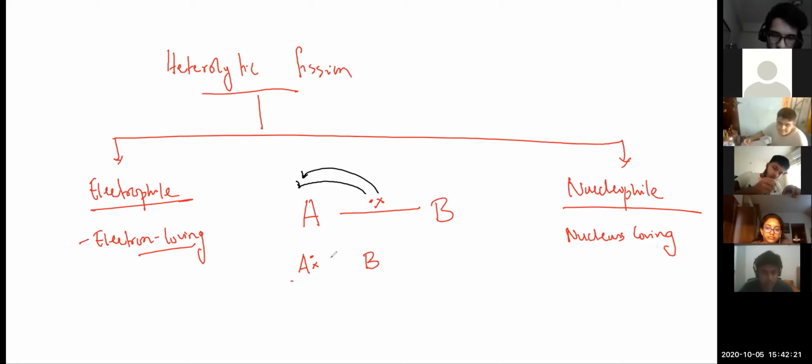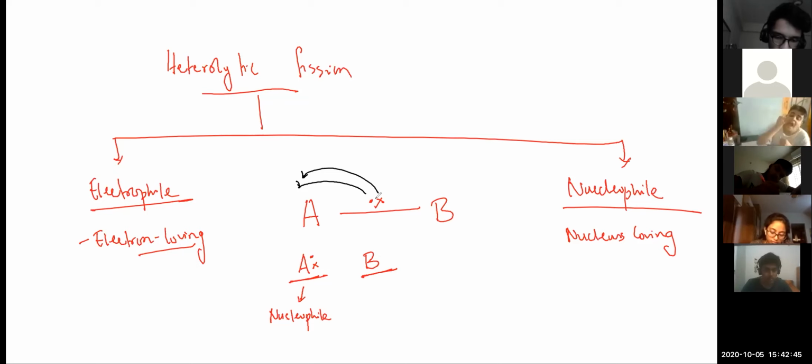So A is now in surplus of electrons, so he would want a positive center. This is a nucleophile. And this is B. It does not have any electron. The electron which it donated has been taken away by A. So now he is deficient in electrons, so he would want more electrons. He loves electrons more. That's why he is an electrophile.